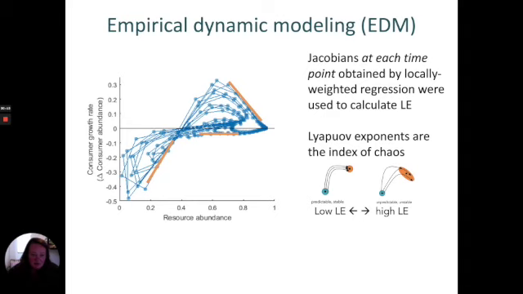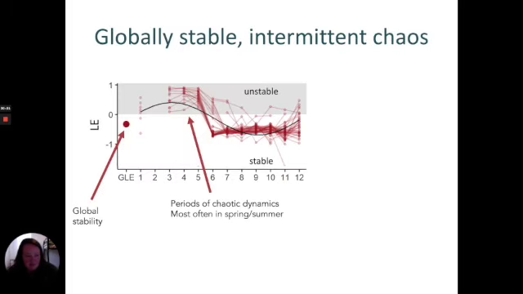So we ran these models on the same set of lakes that I showed you last time, and here's an example of the type of results we get. This is just one lake, and here we've got these LE plotted against the month, from January to December, and you can see that in the winter and spring we have these chaotic dynamics, and in the summer and into fall we have more stable dynamics.